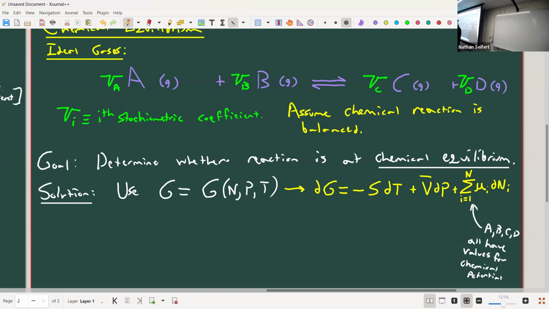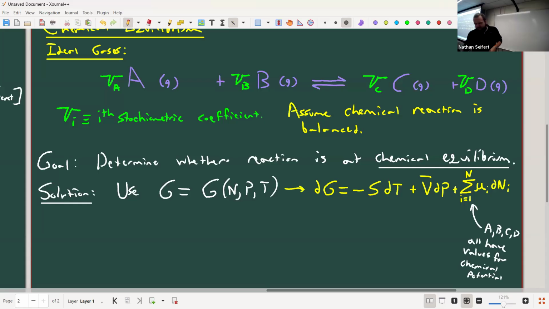So now what I want to do, let's say I've mixed A and B together, it's reacted and it's formed some C and D. I'll set the reaction up in the lab and then I run it overnight and come back. And what I notice, of course, is that the system is equilibrated in terms of temperature and pressure.